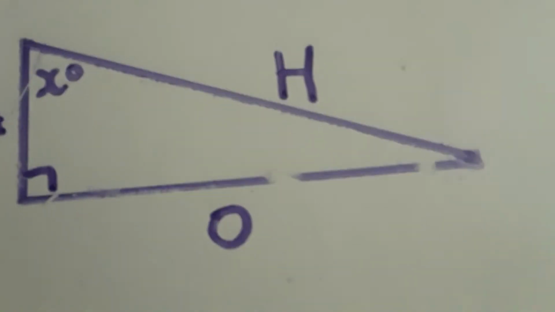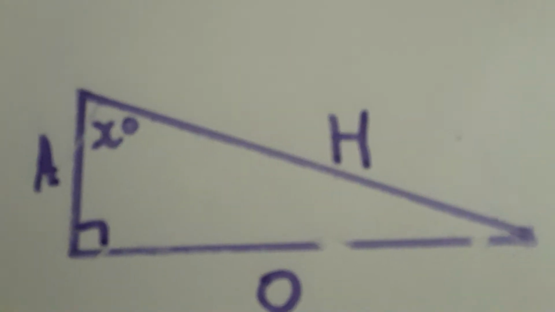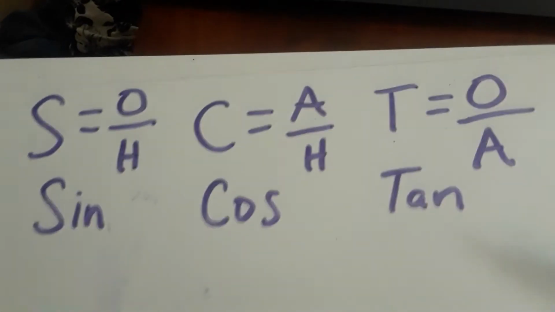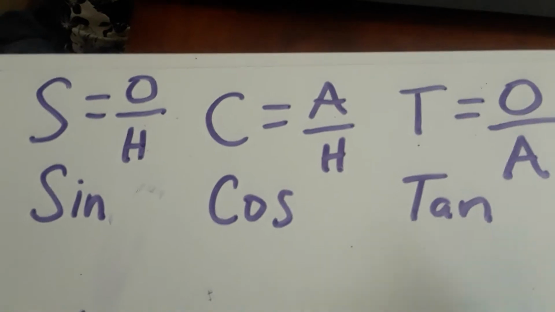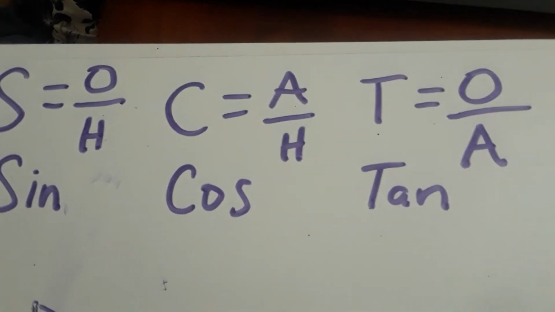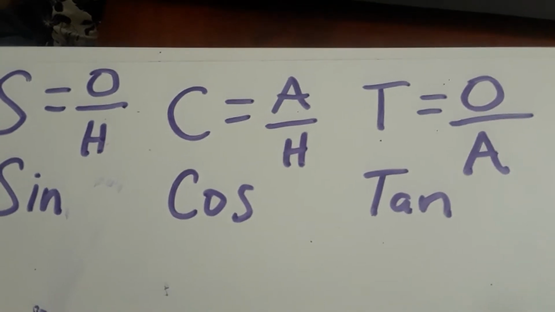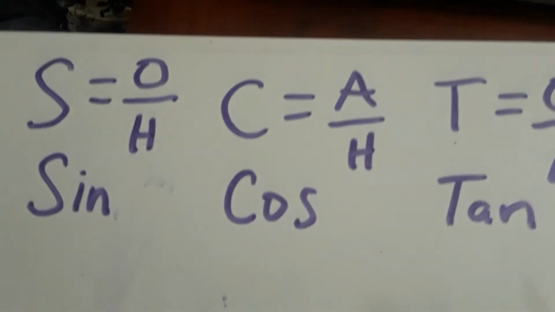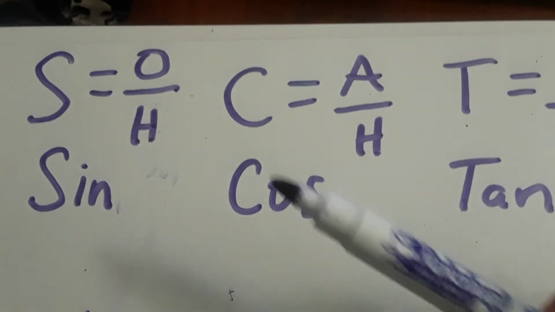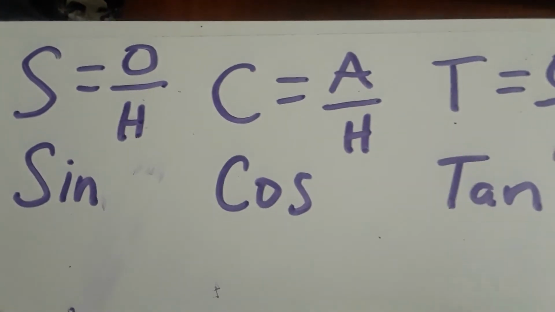Now I'm going to get to do a fun little chant, okay? So here we go. SOH CAH TOA. All right, so in right triangles, there are three ratios, okay?